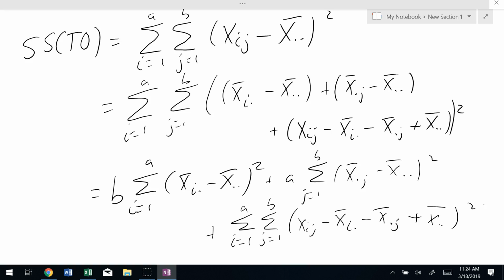It's the exact same argument as what we did in the previous section. This is a chi-squared random variable with a minus 1 degrees of freedom. That was our sum of squares between treatments, the sum of squares among the different treatments, the SST.